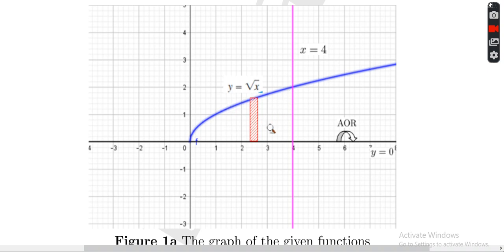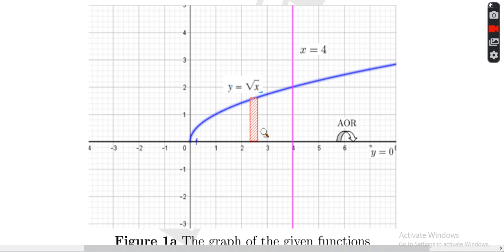Okay, now I'll be using vertical rectangular strip for us to use the disk method. Bakit ganun? May iba pa bang method kapag hindi horizontal o kapag hindi vertical rectangular strip ang gagamitin? The answer is yes.